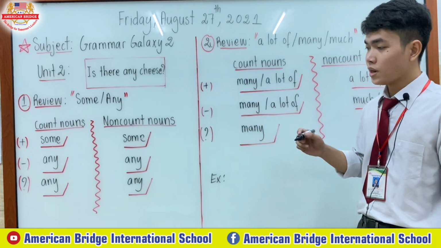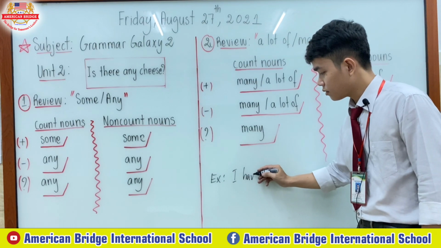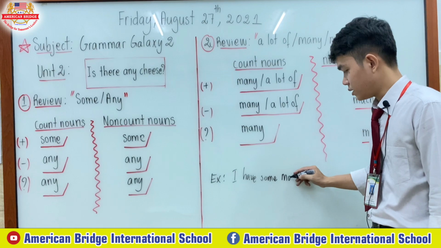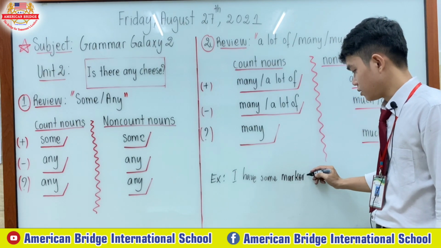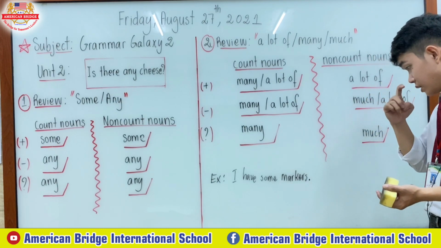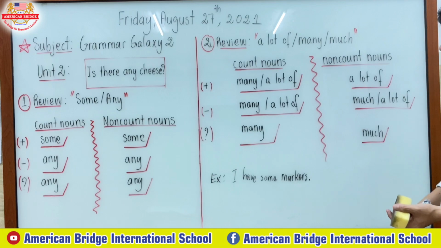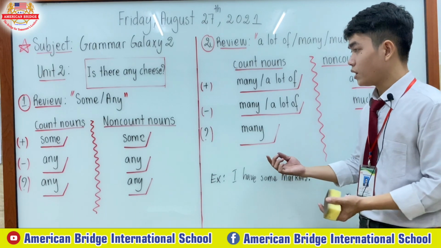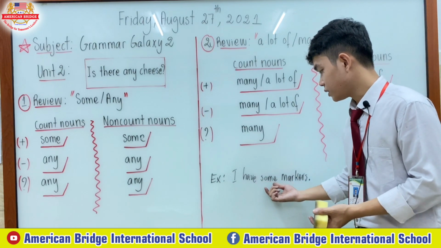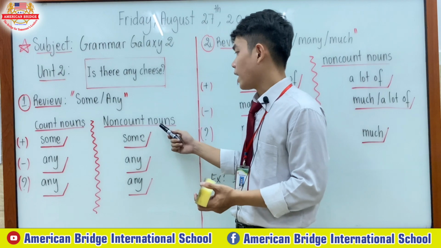For example, I have some markers. As you can see, I have some markers. Marker is what we call count noun. So that's why we use the word some in the positive form. I have some markers.